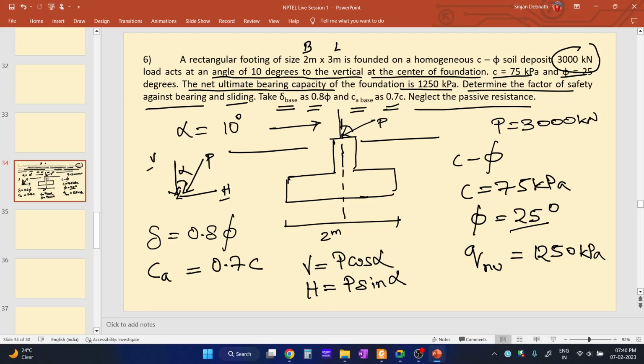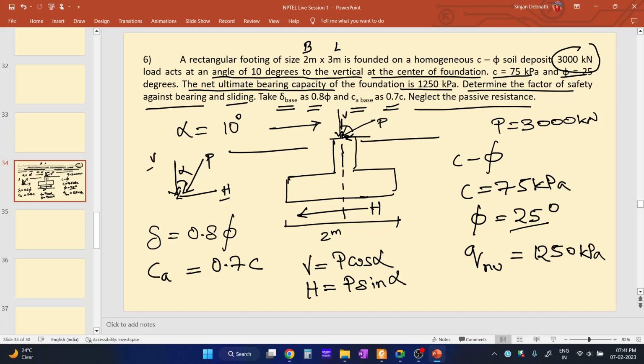Okay, this horizontal component will try to push this foundation in this direction, right? That means it will slide, it will try to push the foundation, and this will cause sliding, okay?